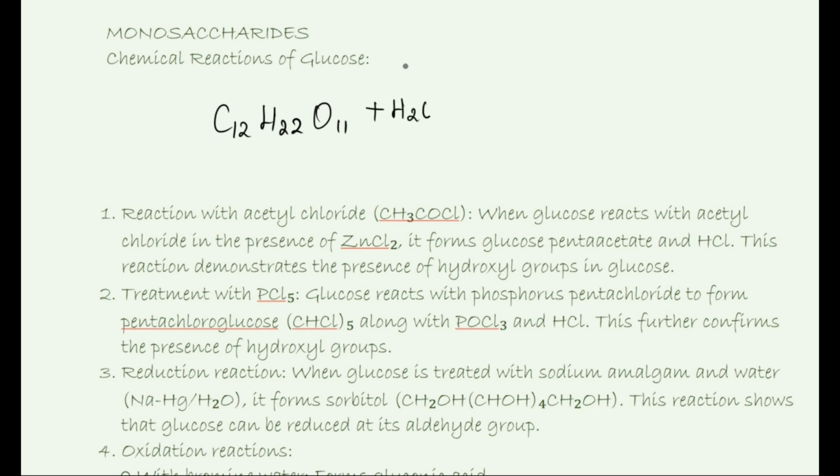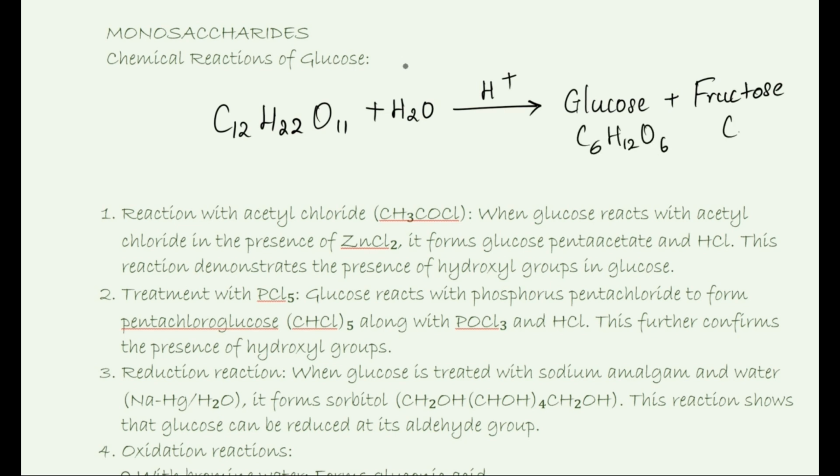Upon hydrolyzing this cane sugar or sucrose, we are getting two compounds with the same molecular formula, that is glucose and fructose. Both the names are different, but the molecular formula is the same, C6H12O6.